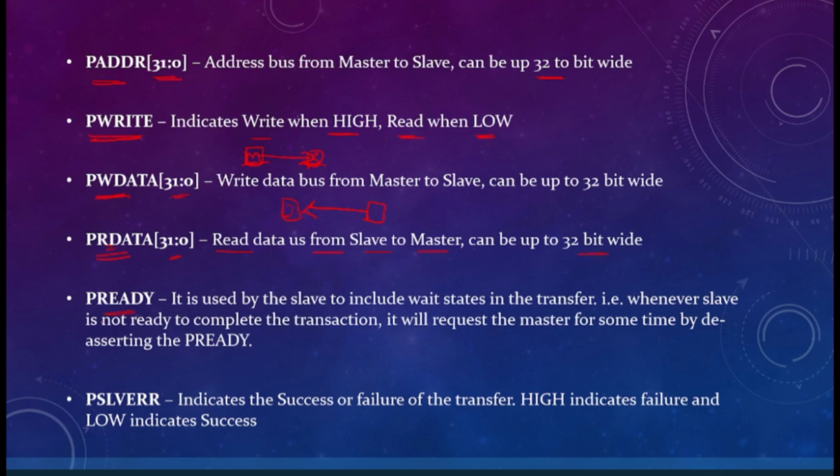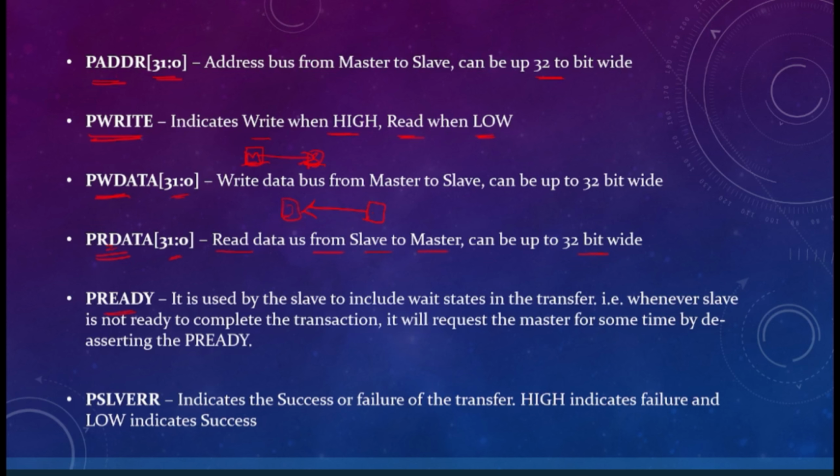Then coming to the signals we have already talked about, which is P ready. So what is this P ready? It indicates whether the transaction is complete or not.